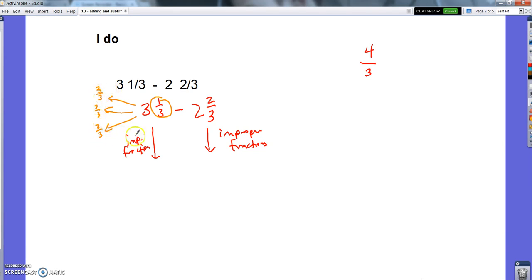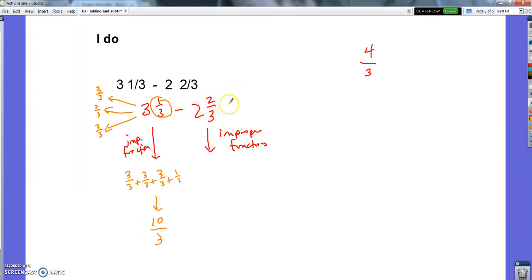Plus 3/3. So to change it into an improper fraction, I'm thinking like 3/3 for a whole. 2, 3, there's my 3, plus 1 more third. All together gives me 3, 6, 9, 10 thirds. So I can turn that mixed number, 3 1/3, into that improper fraction. 3/3 makes 1, 6/3 makes 2, 9/3 makes 3, and this 1 extra third.